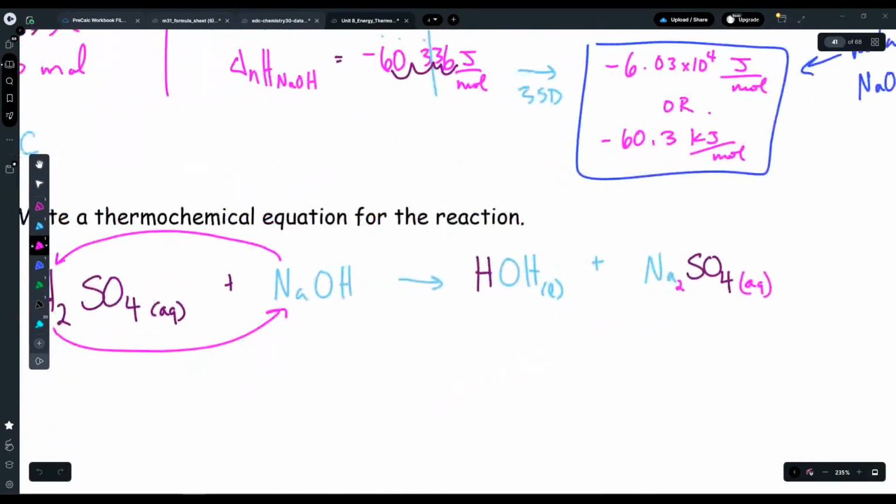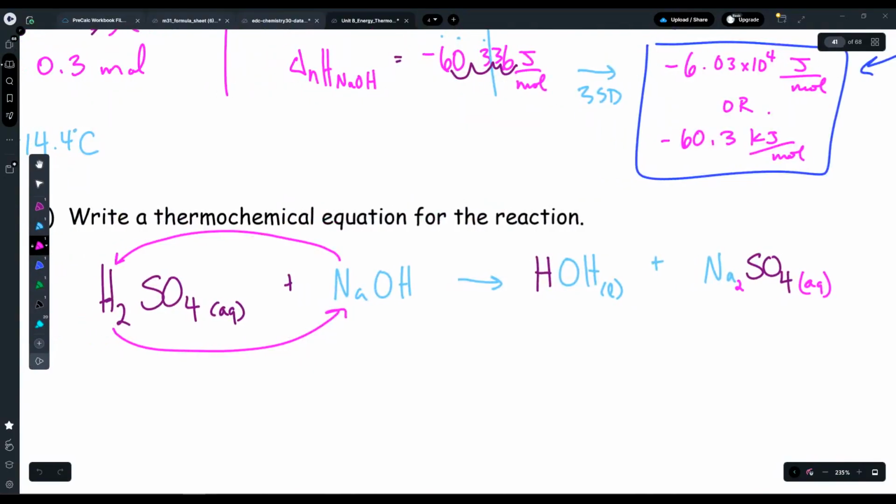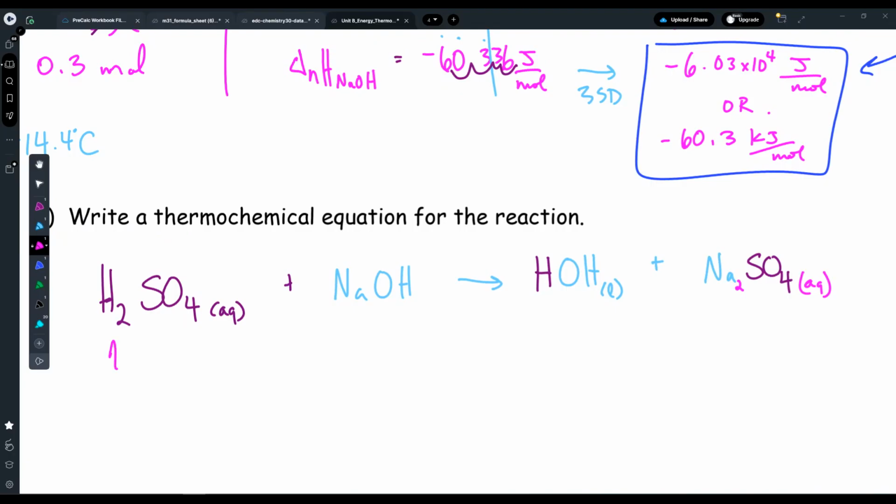Okay, so we've got our skeleton equation done. Now we just need to balance the overall equation here. So we've got 2 hydrogens going in. Now, one thing about this is that to make life easier for balancing, I'm going to treat this as my hydrogen and this as my hydroxide. So I'm going to keep my polyatomic ions together for balancing to make it easier on myself.